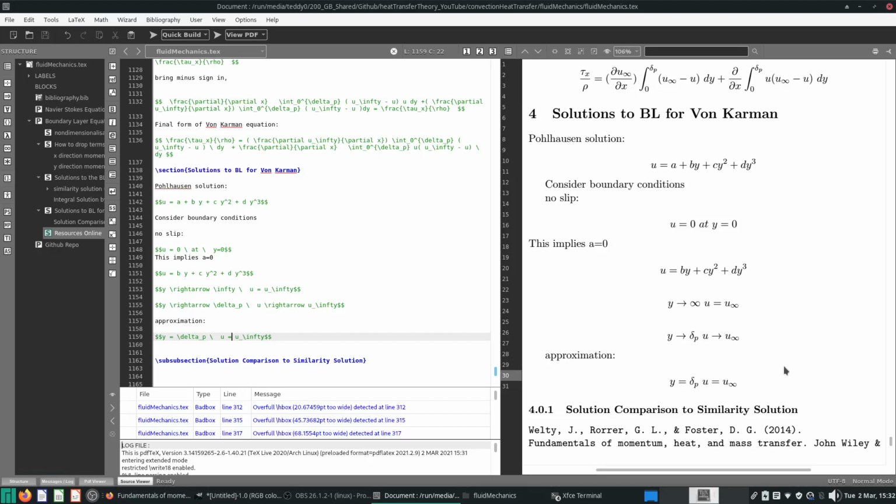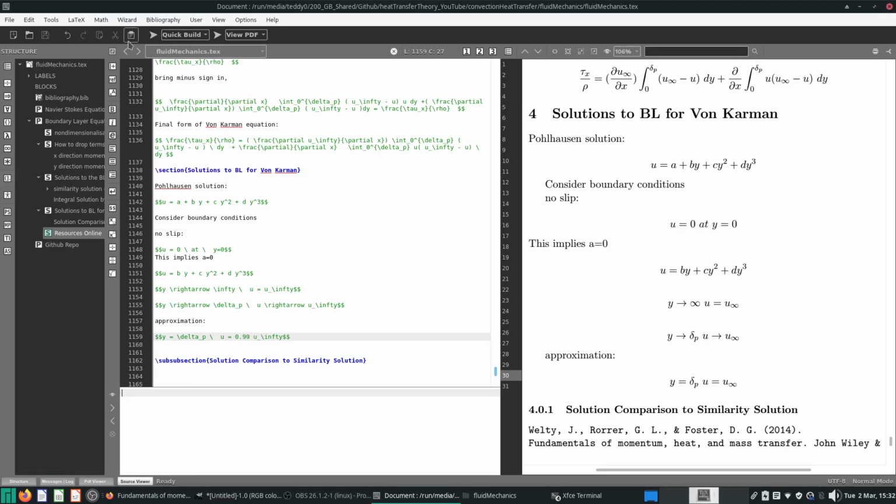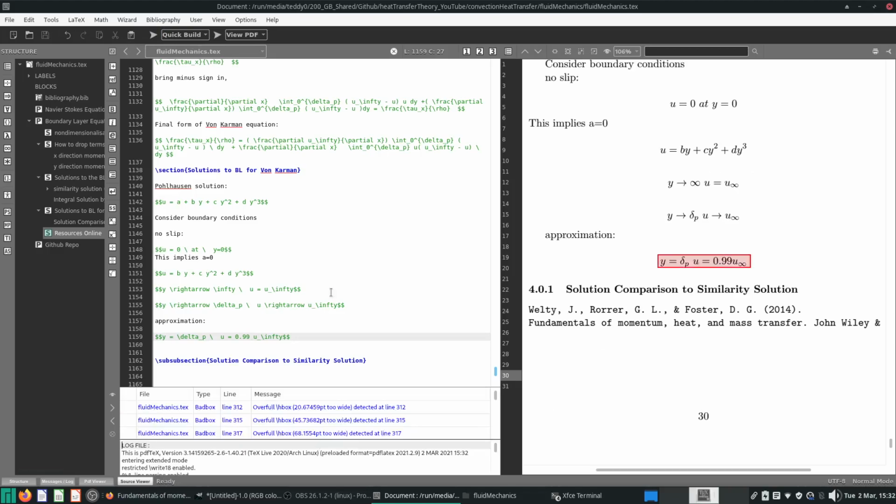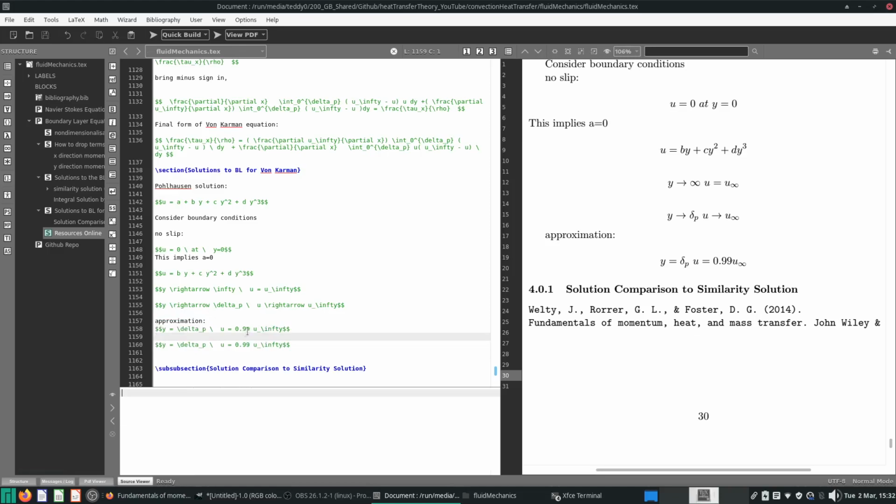But it's not huge, right? I mean, you can of course put 0.99 u infinity for the proper boundary layer thickness. It will pretty much do the same. So the approximation is when you don't put that 0.99 in, and the exact is like so.